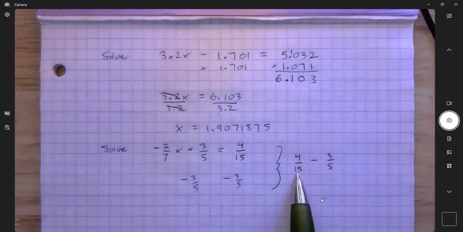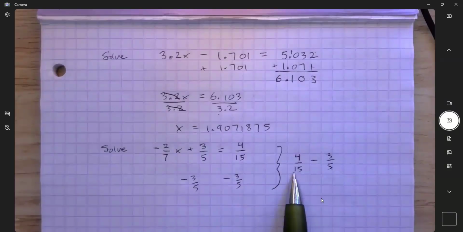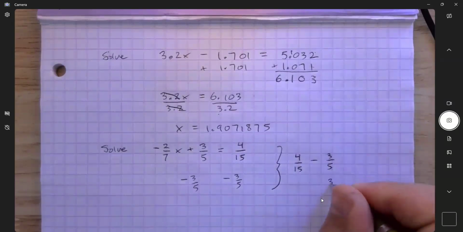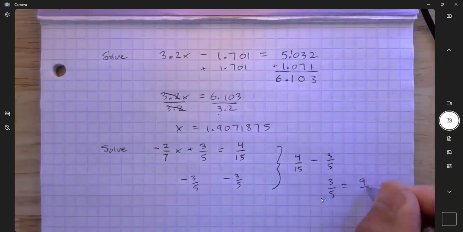And to do that, we want to find a number that both of these denominators can divide into. And I picked a fairly easy number because 15 is 3 times 5. So 3/5 is the same as 9/15.